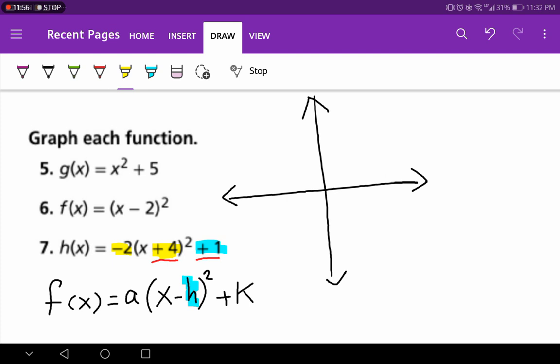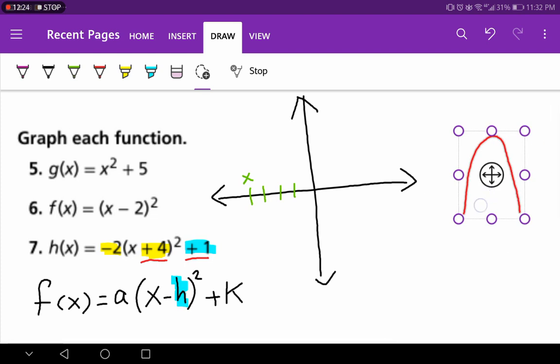Don't think about it. So, teacher, I will draw it like this, narrower than the parent. Now I will count 4 steps to the left: 1, 2, 3, 4, and move up 1 step. So it will be here. So I will take my graph and do like this.